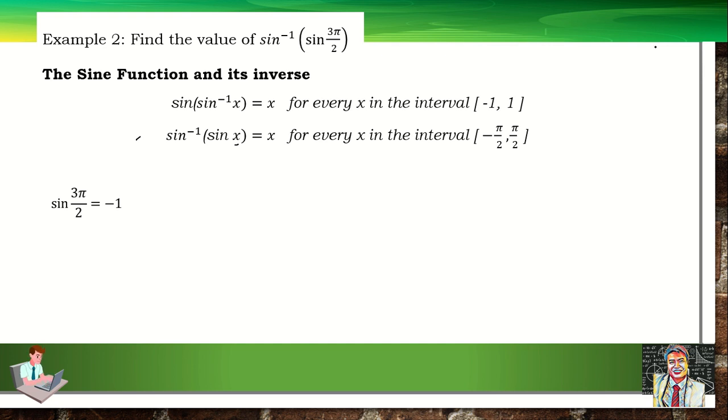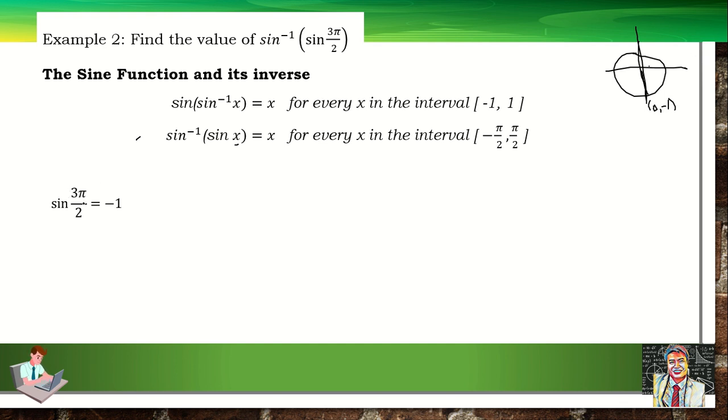Matitingnan natin, sine 3 pi over 2, that is 270. Matitingnan natin yung sa unit circle, nandito yung 270, nandito sa quadrant angle, wherein that is, ang coordinates dun is 0 and negative 1. Sine indicates the y-coordinates, wherein the y-coordinates is negative 1.